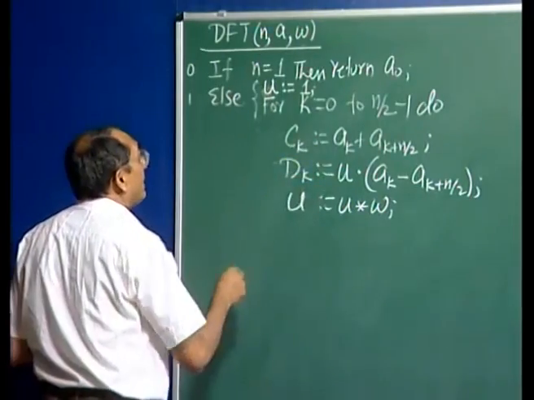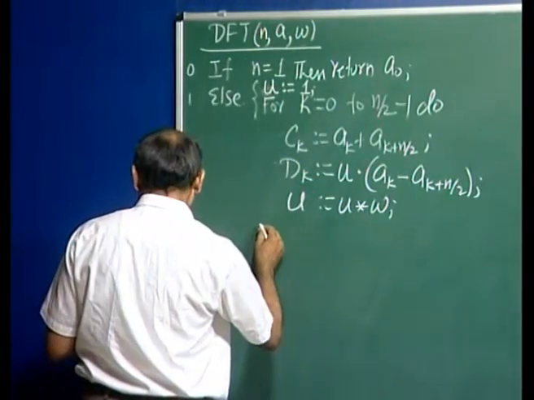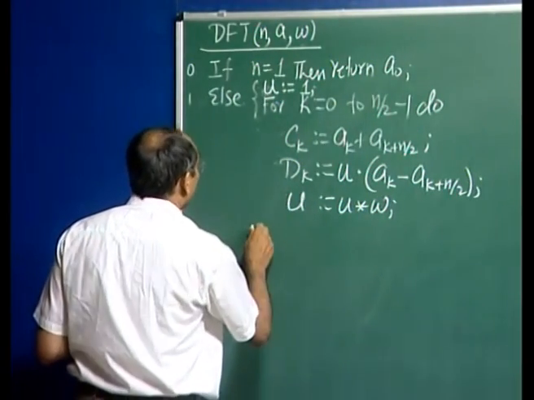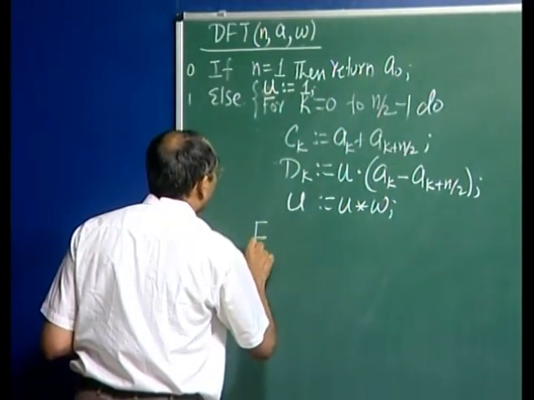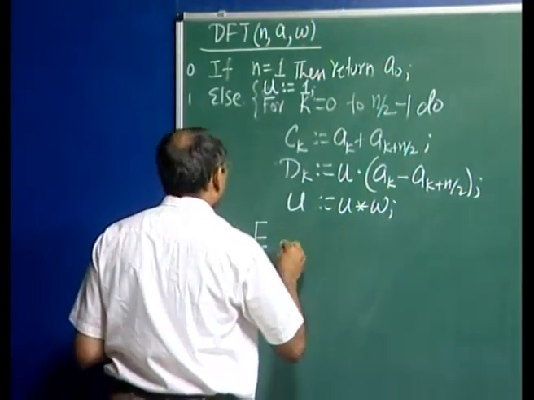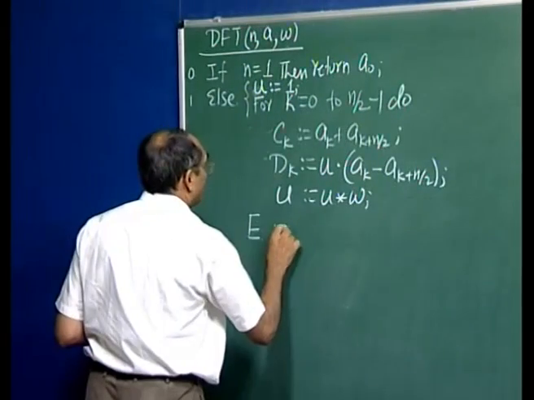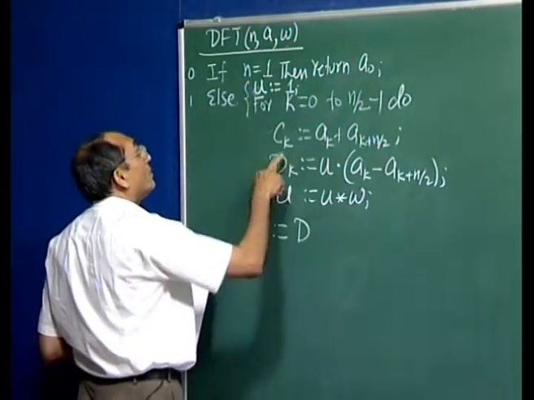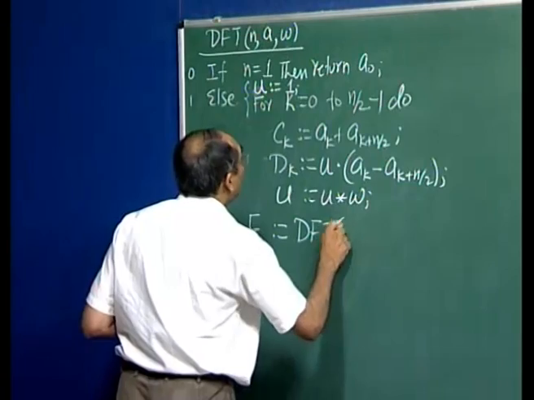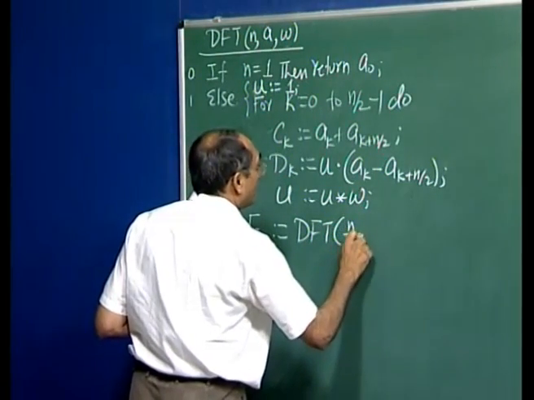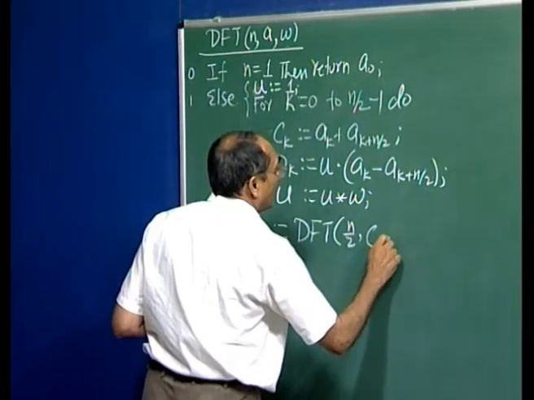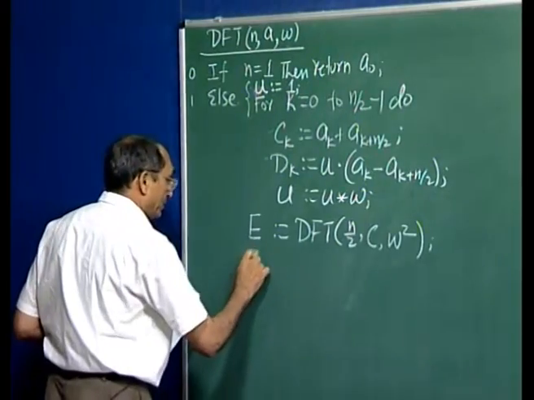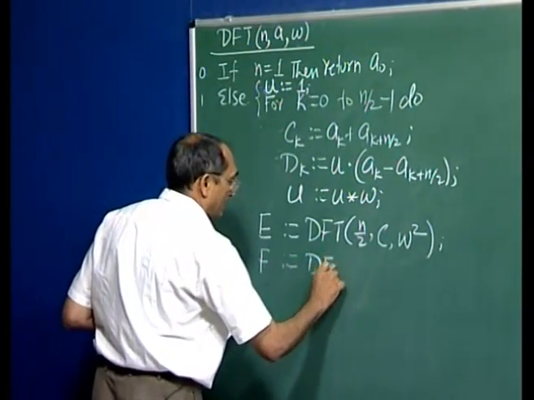Now we have prepared the two vectors. We are going to compute the two Fourier transforms. So let's call them, we have C and D. So let's call it E, so this is array containing the Fourier transform of vector C, DFT of n by 2 C, W square, F is similarly.